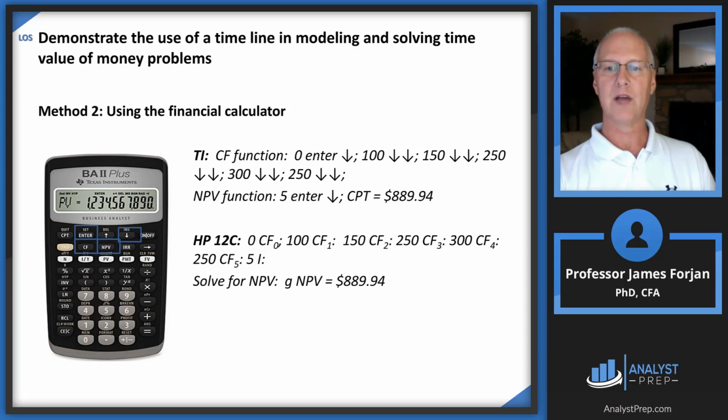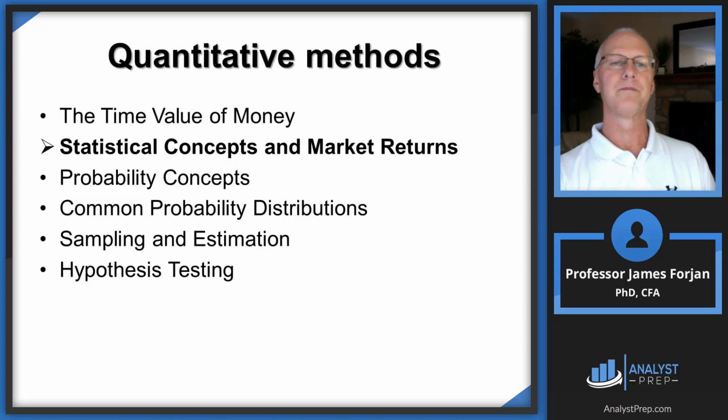Then, once those cash flows are entered, hit the NPV function, and then you enter the interest rate as 5%, and then you have to hit compute. Remember, you Texas Instruments people always have to hit compute something. And the HP is pretty simple too. And that completes our discussion on time value of money.